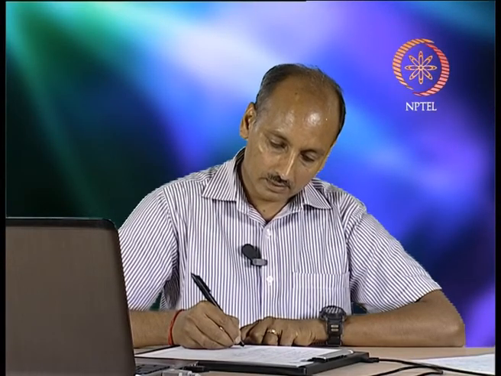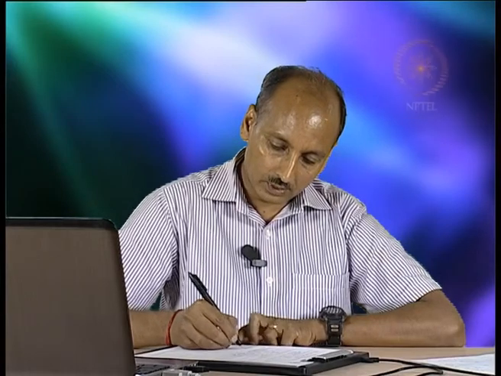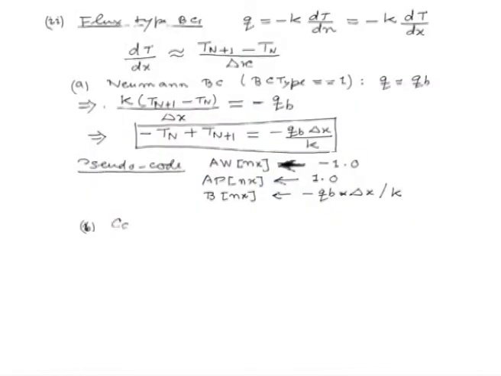Now the next case is the convective boundary condition. It says q is equal to h times T minus Ta.